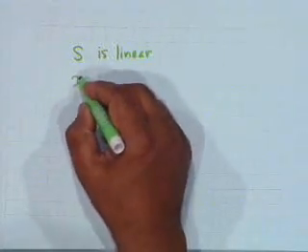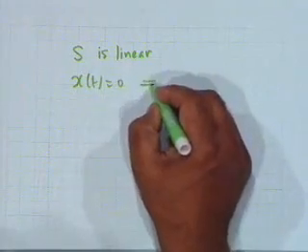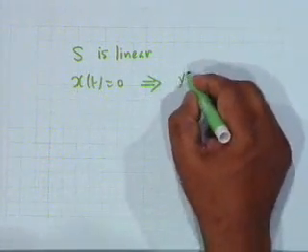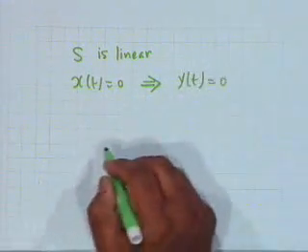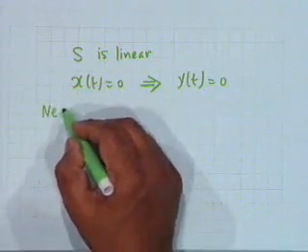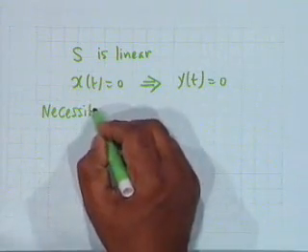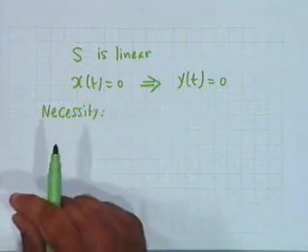Let us show this. Showing this would be quite simple. If the system S is linear, then you know that x of t equal to 0 implies that y of t equal to 0. And therefore necessity is trivial.